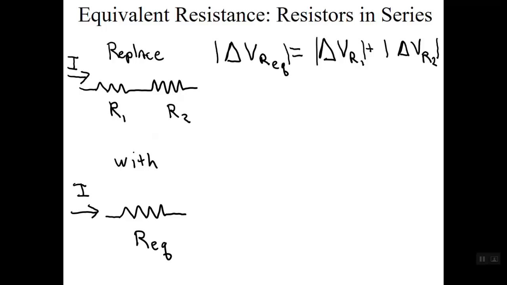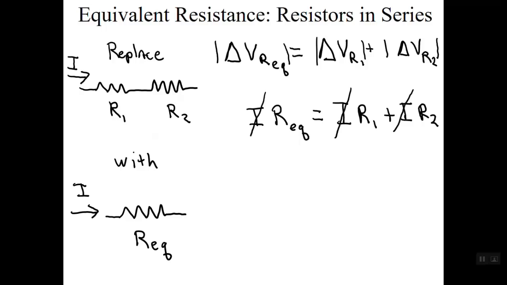We can use Ohm's law to describe these potential differences, and notice that for resistors in series, all resistors have the same current capital I passing through them, as does the equivalent resistor, which means that we can, as shown here, use the same current I in Ohm's law for all the resistors.